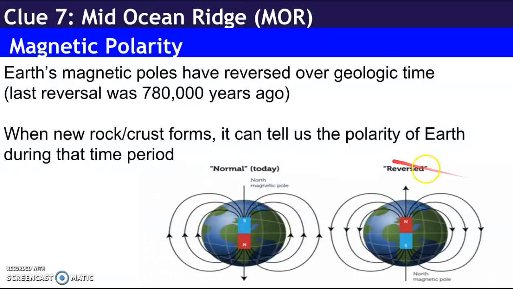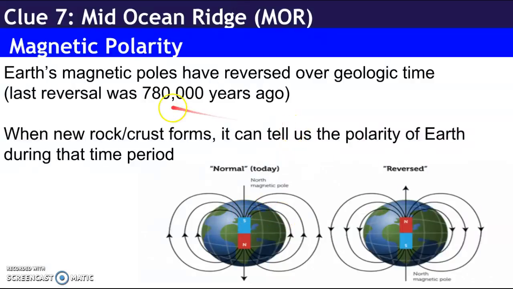Well, what they discovered was that throughout Earth's history, the magnetic polarity shifts. Today it's what we call normal polarity, with magnetic south pointed this way, magnetic north pointed this way, so our compass needles point north.